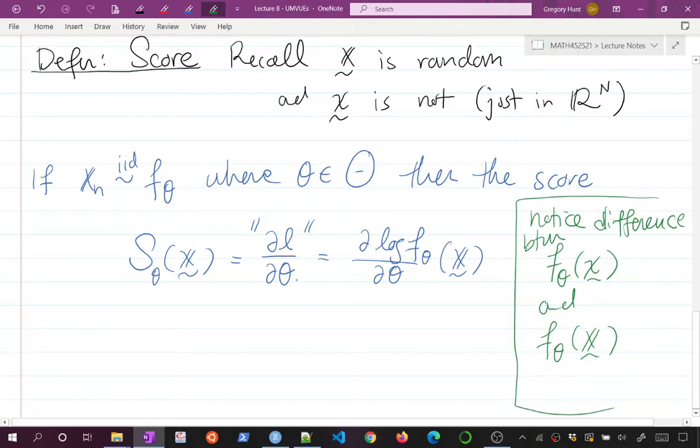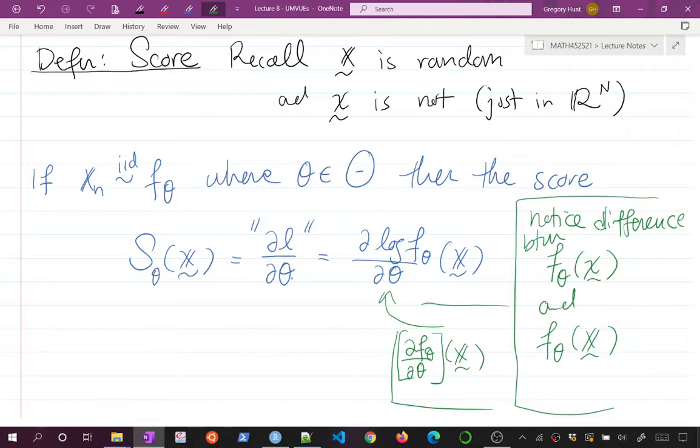And that's exactly what I'm doing here, except instead of plugging into f theta, I'm looking at df theta d theta, which depends on x, but you could instead plug in the random x. So this is basically like if we take that derivative of a log likelihood, and in all the places that we have the deterministic little x of n, we've replaced them with the random capital X of n.